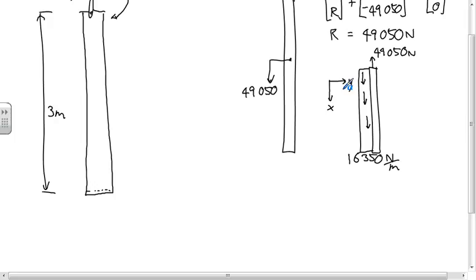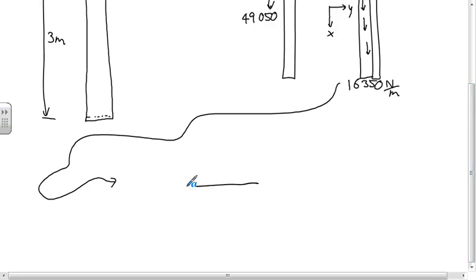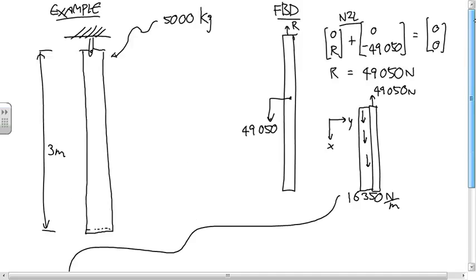And so I'm just going to take this now and mentally redraw everything. If I'm looking at it from this side, here's me. That 49,050 newtons is pointing into my eye.